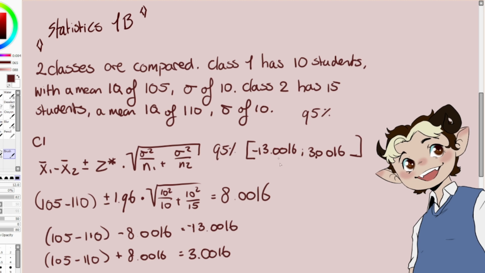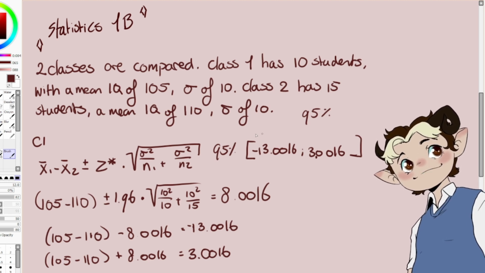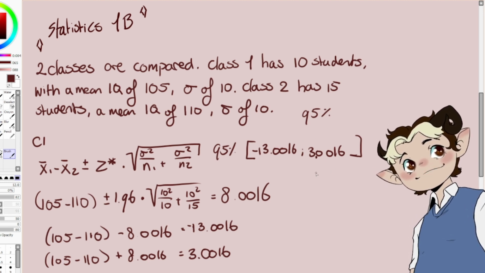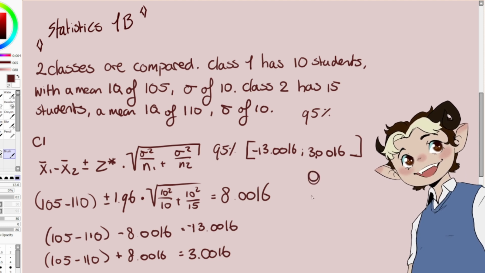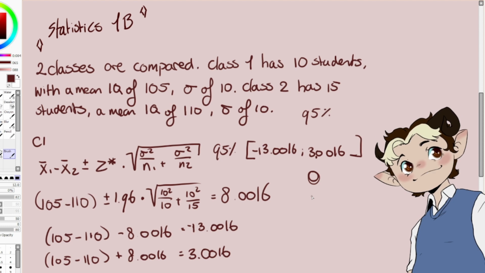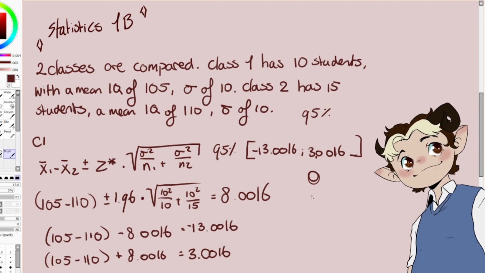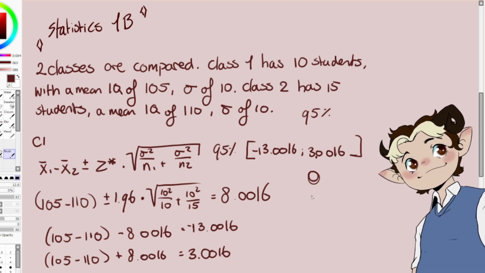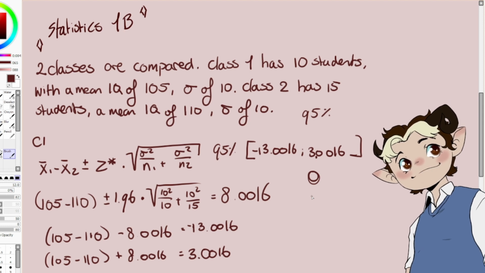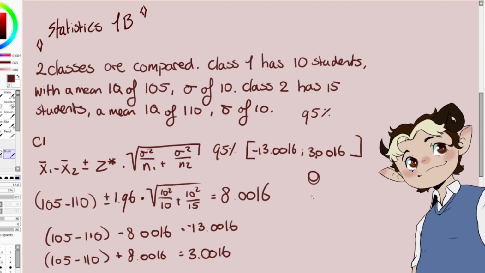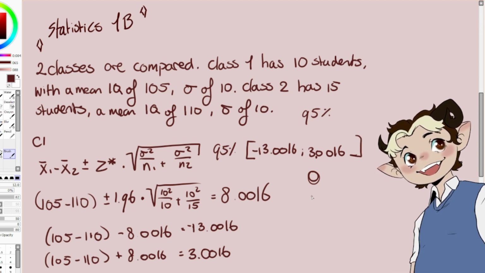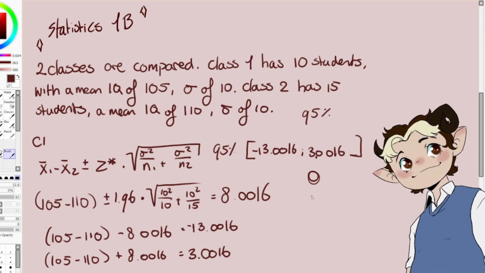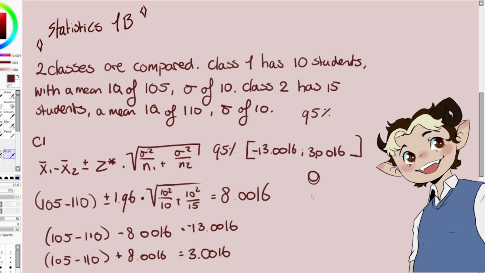Seeing as in this interval, if you go from here till here, there is a 0 in there, which means that there is a chance with that 95% confidence that there is no difference between these classes. That is of import, and it also correlates with our result when we did the significance test, where we said yes, there is no difference between these classes.